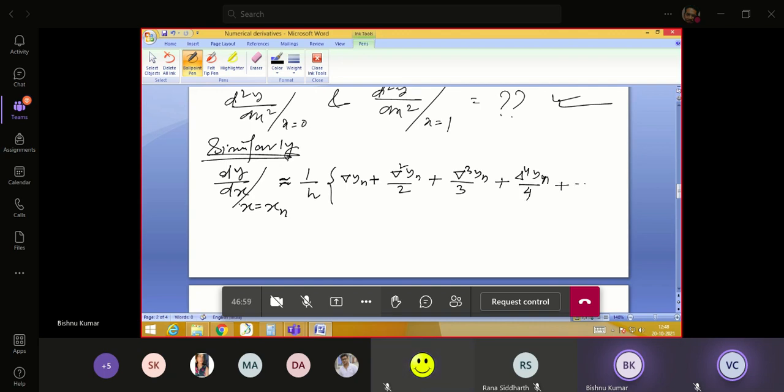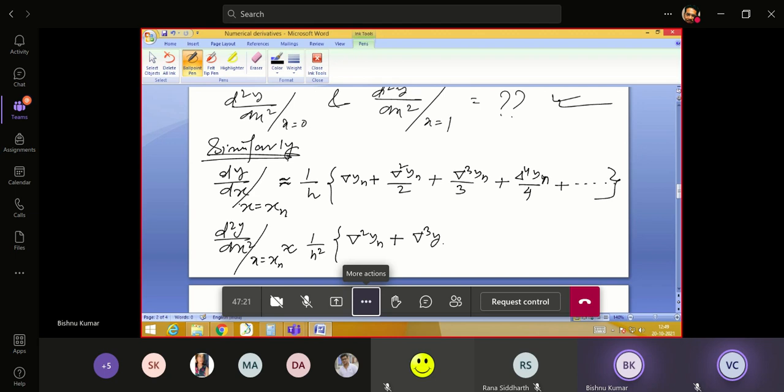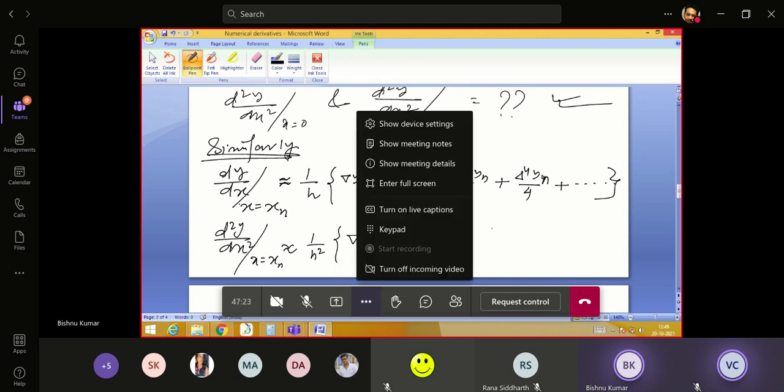In that way a plus series will keep continuing. And the second derivative at the last point will be 1 by h square, starting value second difference, grad square yn plus grad cube yn plus, looks like the same.